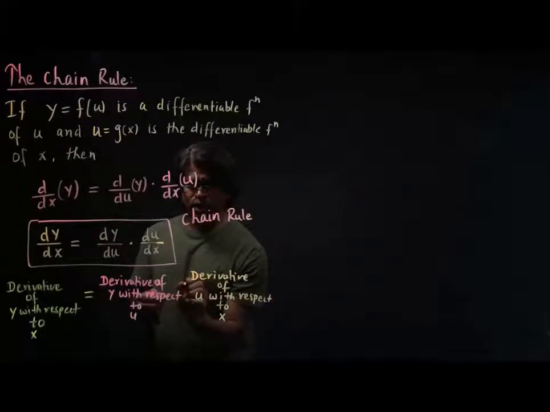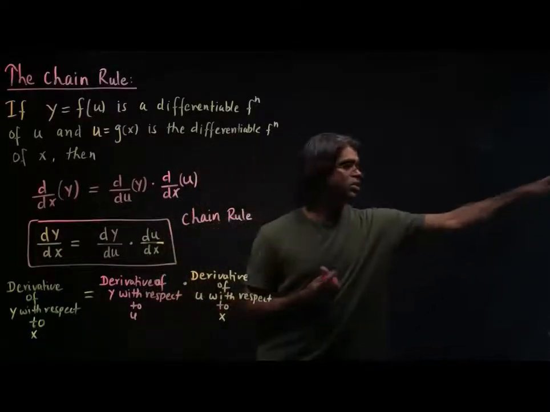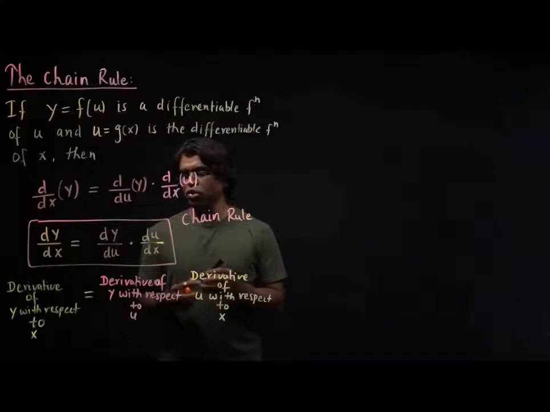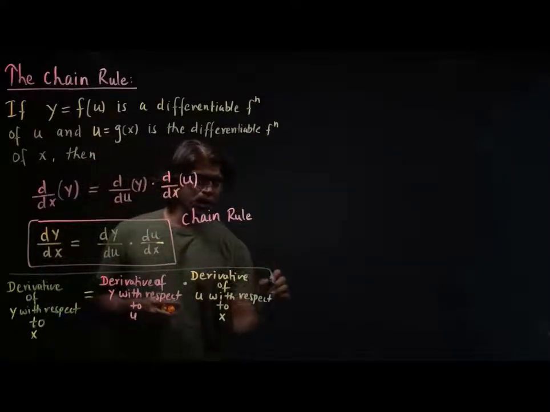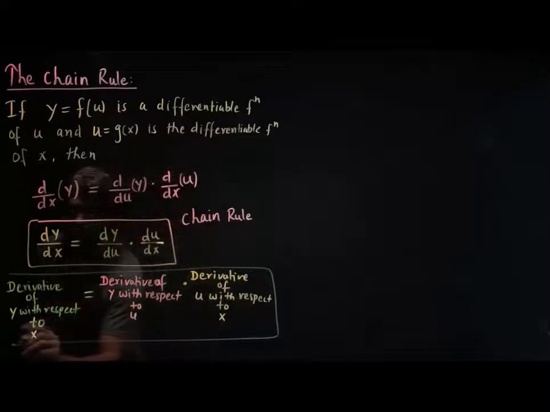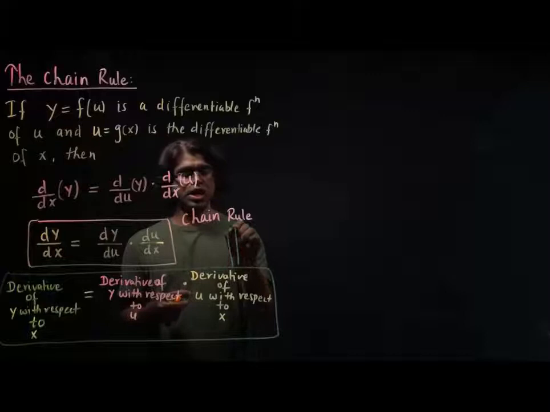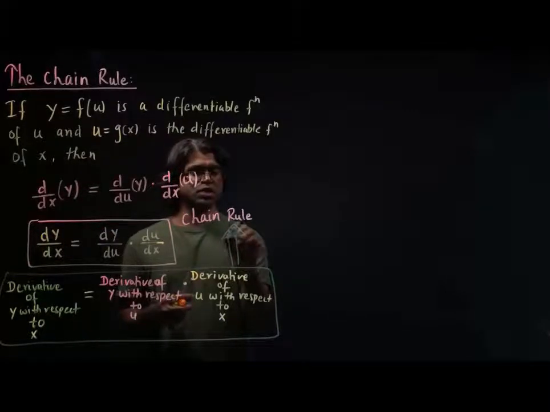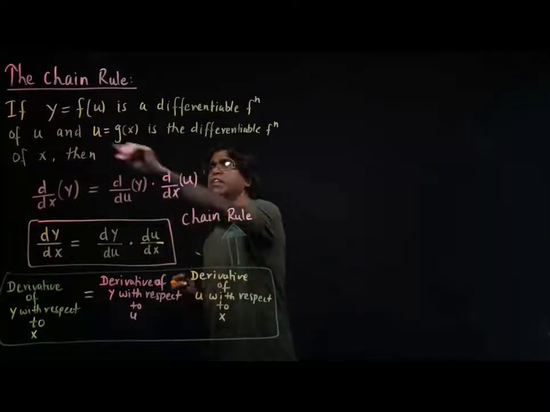Then we are multiplying those two derivatives together, right? This rule is basically known as the chain rule, right?